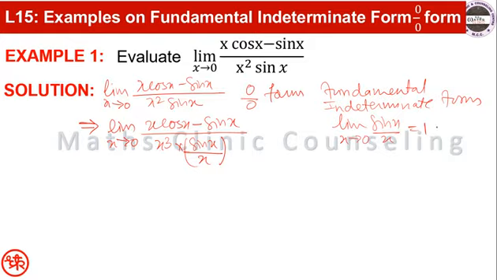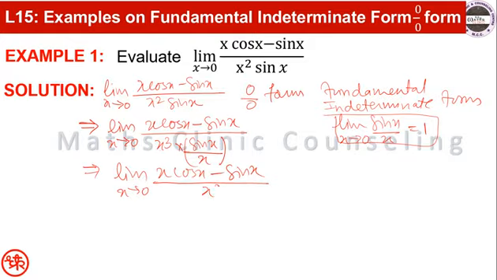We have studied this in 12th standard. Is that clear? So if we apply this, it becomes limit x tends to 0 of (x cos x minus sin x) upon x cube.